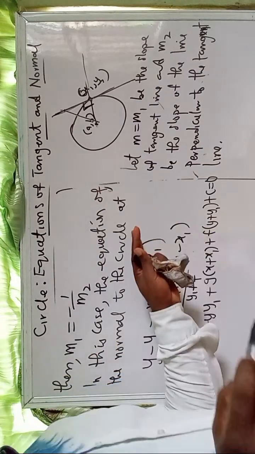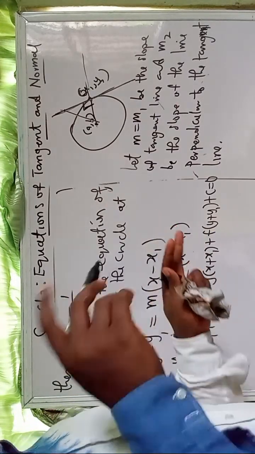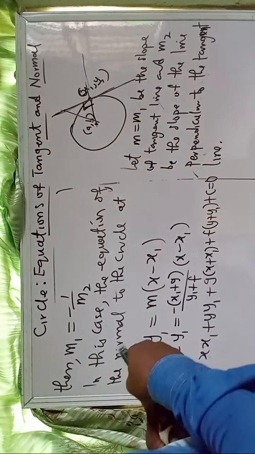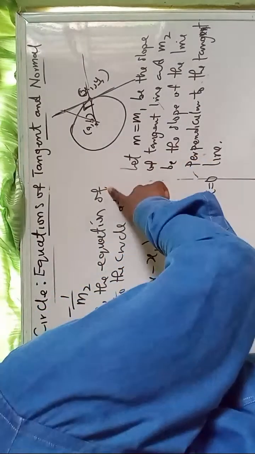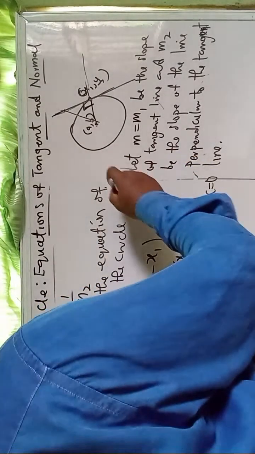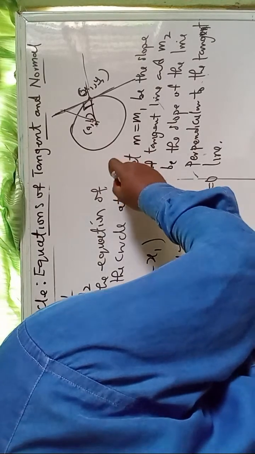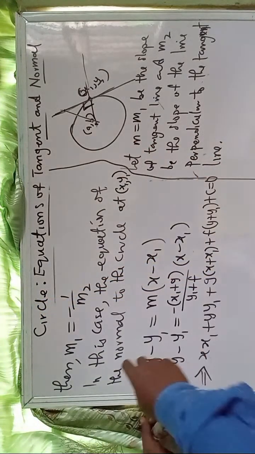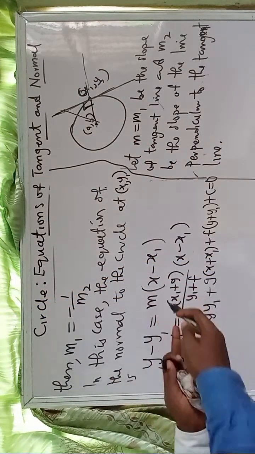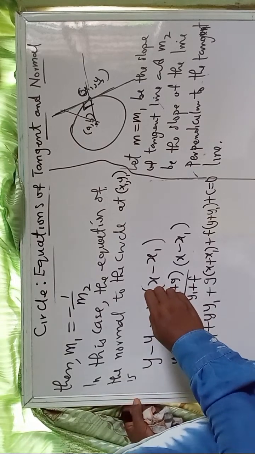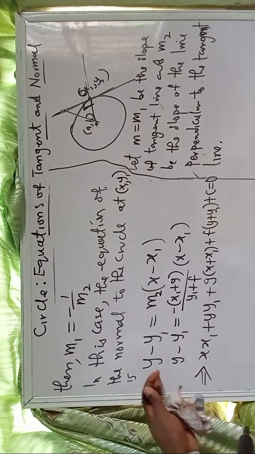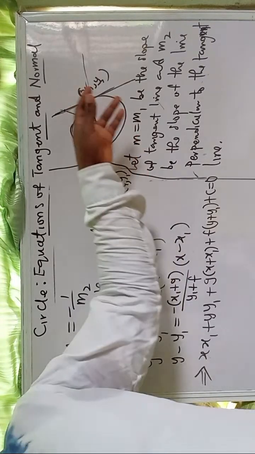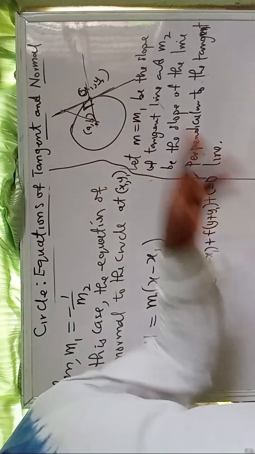When I say circle, I'm referring to the general equation of the circle that was given earlier. But in this case, this will be m2, since the tangent line and the normal line touch the circle at this point.